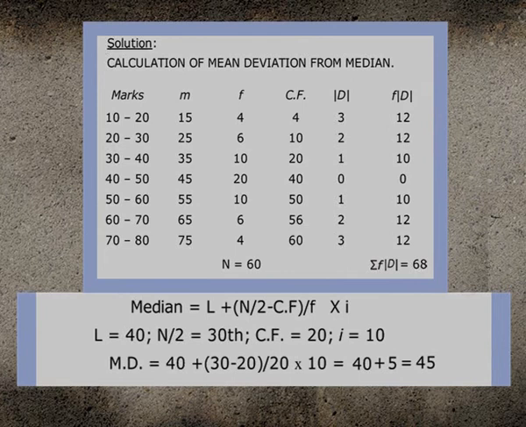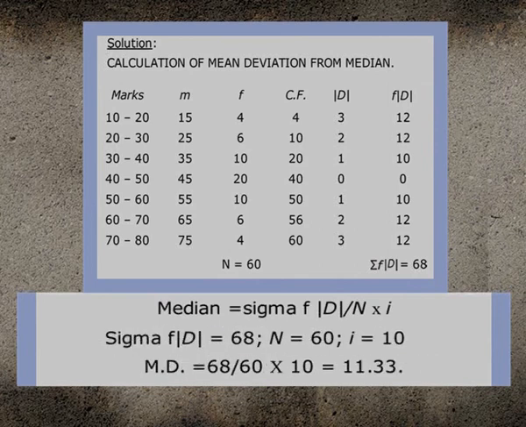So we have L equal to 40, N by 2 is the 30th item, Cf is equal to 20 and i is equal to 10. Plugging all these values in the formula, we get median is equal to 40 plus (30 minus 20) divided by 20 into 10. So that is giving us 40 plus 5, which is giving us 45.